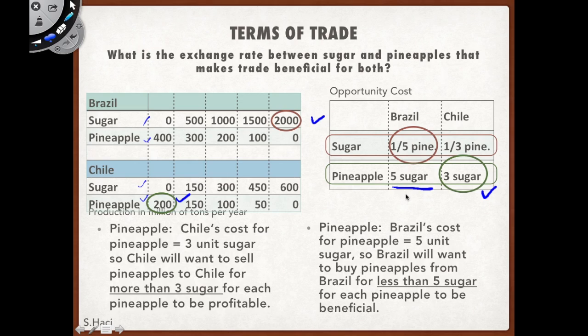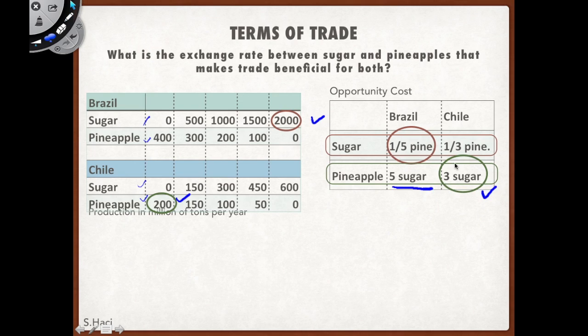So a beneficial arrangement or terms of trade between those two countries would include a terms of trade or exchange rate that would be between 3 sugars and 5 units of sugar.